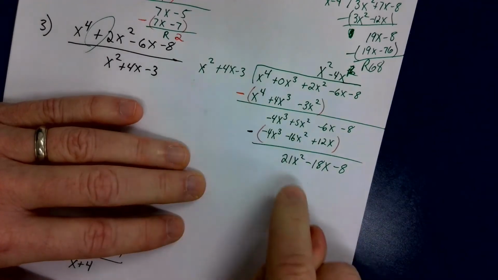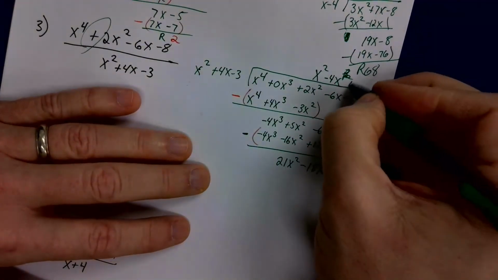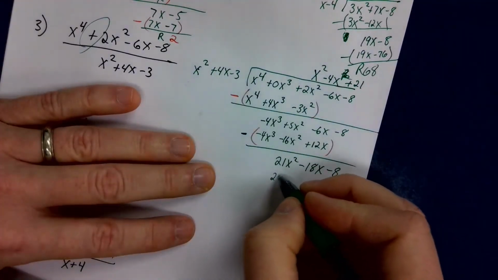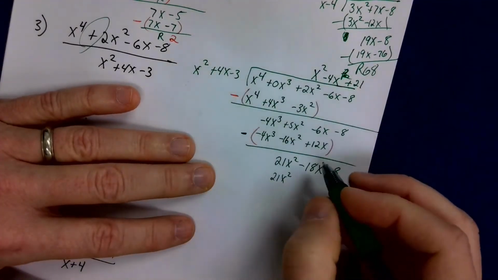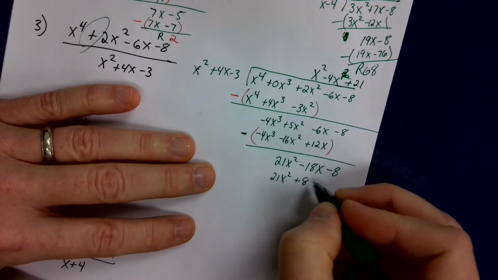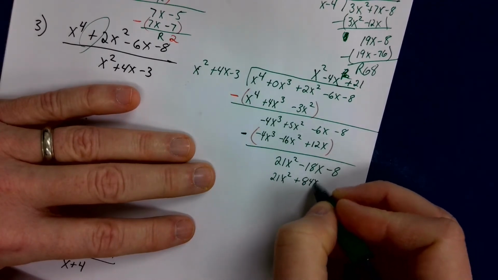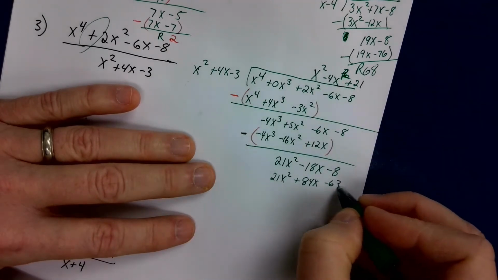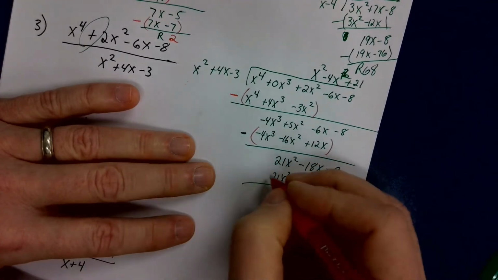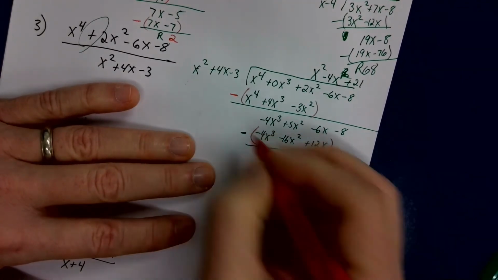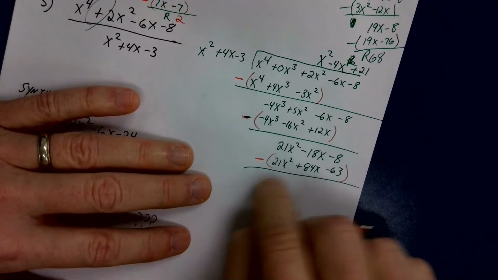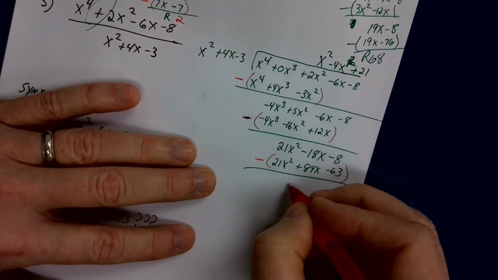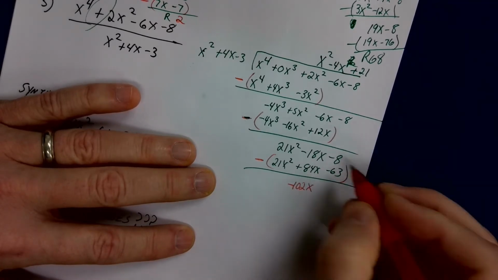How many times does x squared go into 21x squared? It goes in positive 21 times. 21 times x squared is 21x squared. 21 times 4x is positive 84x. 21 times negative 3 is negative 63. And we subtract. Poof, negative and a negative, and 2x, so negative 102x.